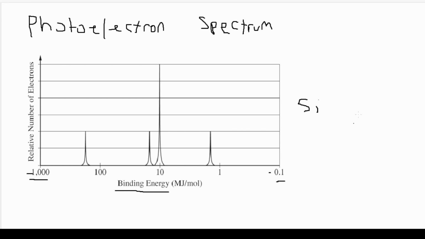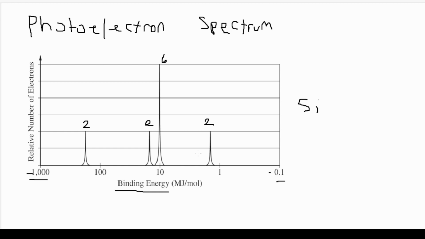Then on the y-axis, we have relative number of electrons. That just means the height of the peaks represents the amount of electrons. So this one has 2 electrons, this one has 6, this one also has 2, and this one has 2 as well. Easy stuff. One other thing you should know: each peak represents a different subshell, from the last episode on electron configuration, like the s subshell and p subshell.